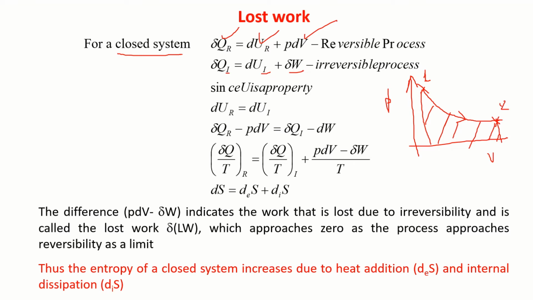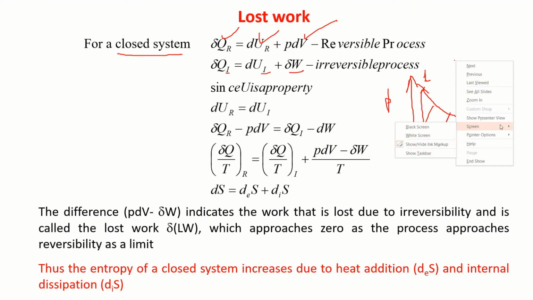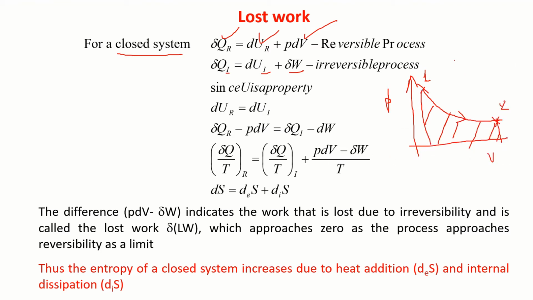So probably, if I take the process may be like this, so that area may be like this. Okay, right. Please remember, right? So delta W, I cannot just calculate using the equation PdV.